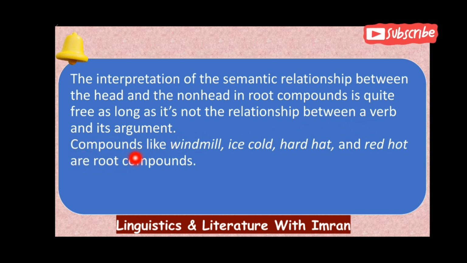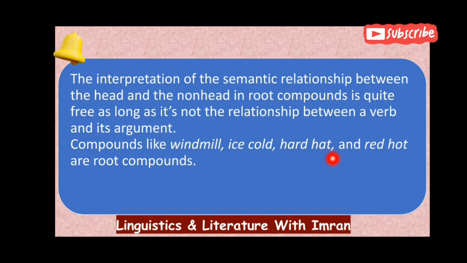For example, we have root compounds like windmill. You can see noun plus noun. Mill, the second, that is the head, is not derived from a verb. And ice cold, so both are adjectives here. Cold is not derived from a verb.